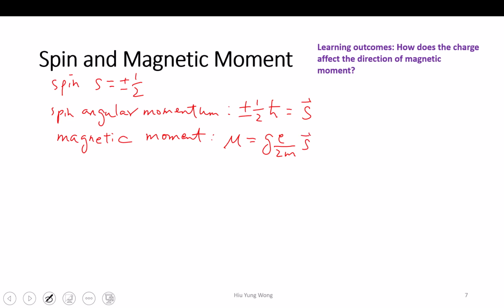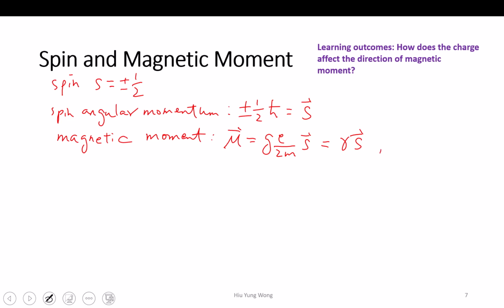Then it's getting more and more stuff, right? But the point is, remember that the magnetic moment equals the angular momentum times something called the gyromagnetic ratio. In this case, it's g times e divided by 2m.